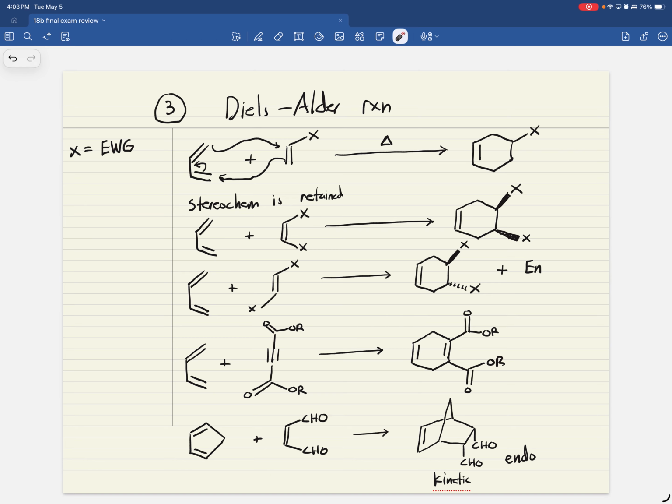But for endo, what you really have to worry about is when we have bridgeheads. That's usually where it's more important. Which one is endo when you have a ring? That's usually where we ask which one's the endo adduct and which one's the exo adduct, because for these other examples with just one ring, it's harder to see which one is endo unless you have that guide, which I showed you in class.